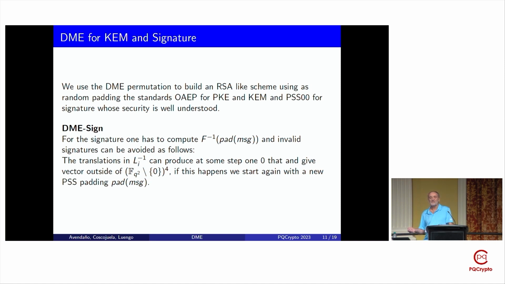For f^-1, we have to compute the inverse linear maps and the exponential, and those are the ones that can produce a zero at some moment, which gives invalid signatures. But this can be avoided because we compute all the linear maps sequentially. If at some moment we get a zero, we start again with a new padding. So there is no invalid signature failure.